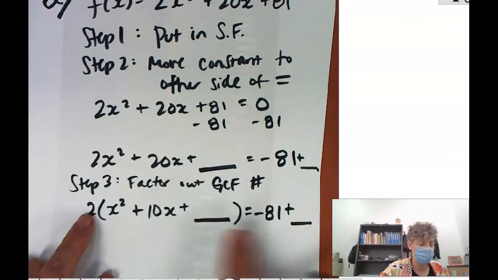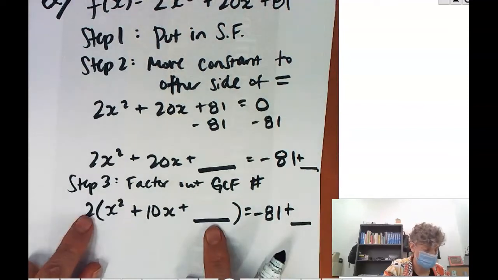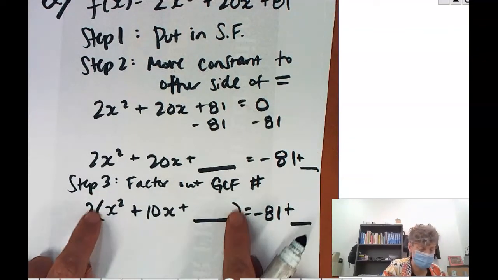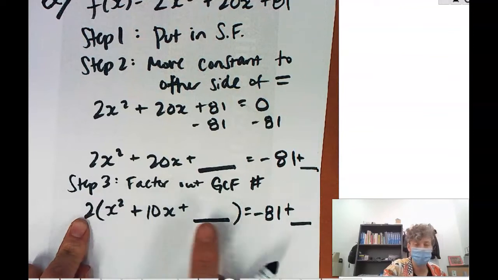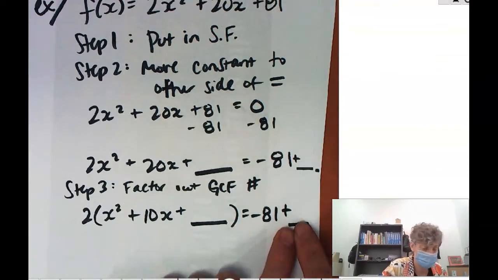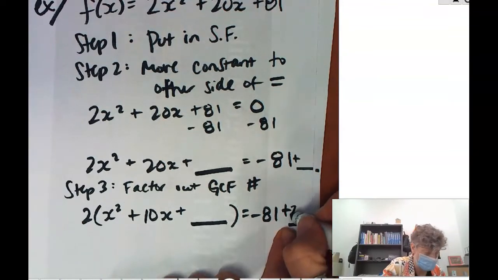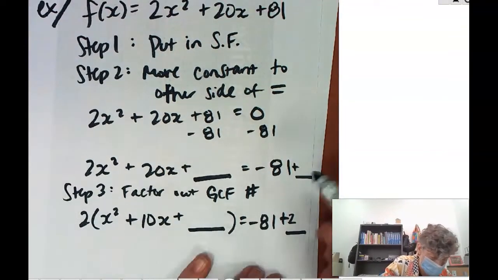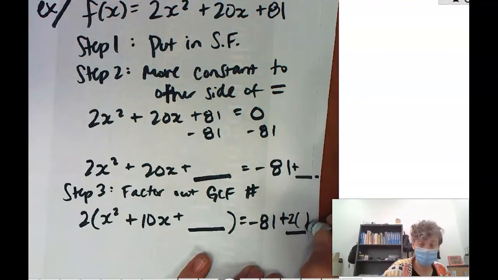Alright, so note here, I've got my parentheses right there, so I'm really multiplying 2 times whatever this ends up being. So on my other side, I need to remember to multiply by what we took out here, 2 times that something.